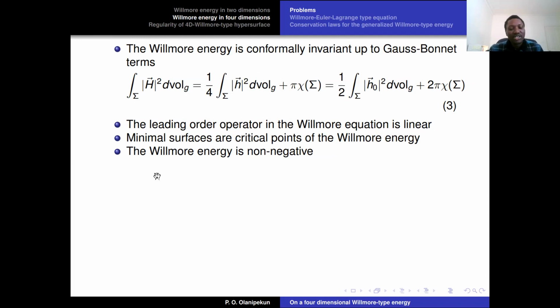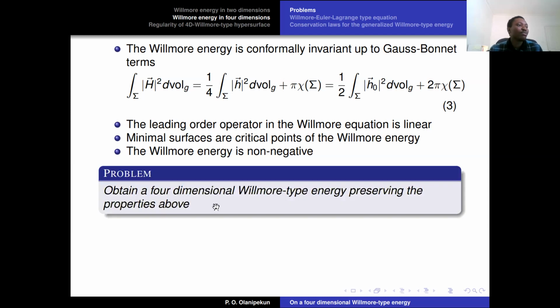We want minimal surfaces to be critical points of our energy. And we also want our energy to be non-negative. So let's see how far we can go. That's the first problem: to produce a Willmore type energy that preserves these four properties.